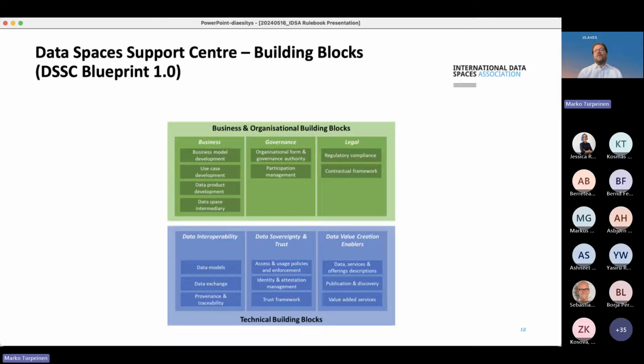So DSSC came up with this latest, let's say, description of building blocks in the Blueprint 1.0, and some of the aspects of what is a data space blueprint are actually kind of similar or even derived from the work that we've been doing in especially the functional side of the rulebook, but especially those green building blocks that are here in this slide on the upper part, business, but definitely governance and legal questions.